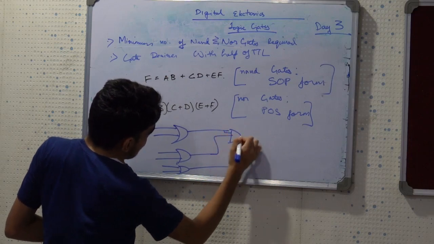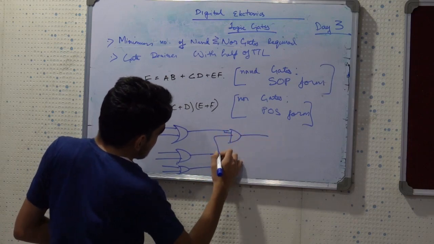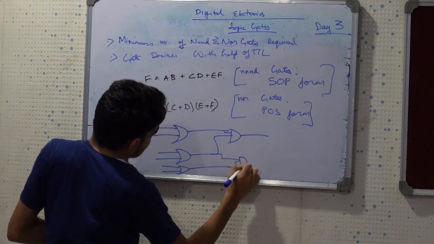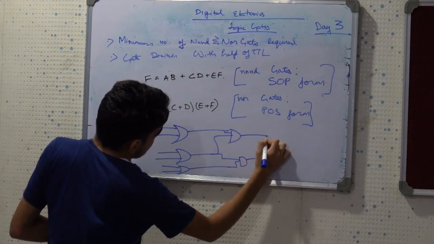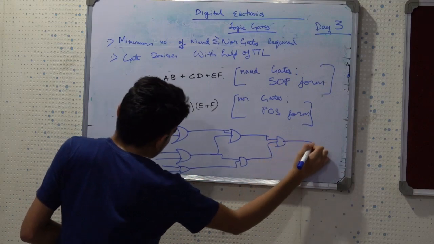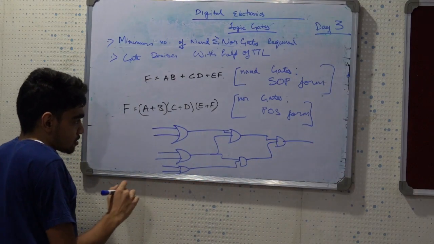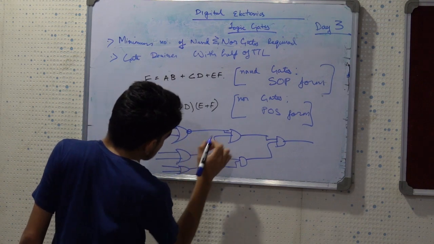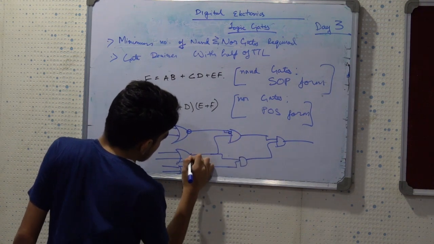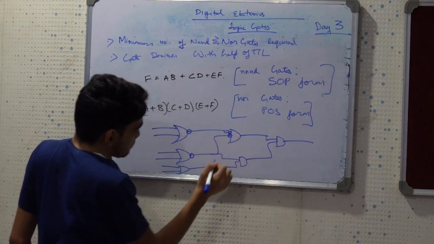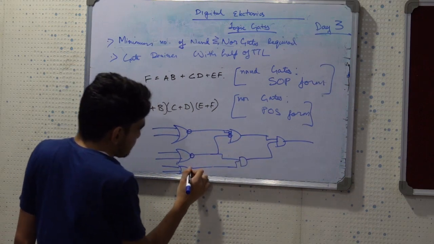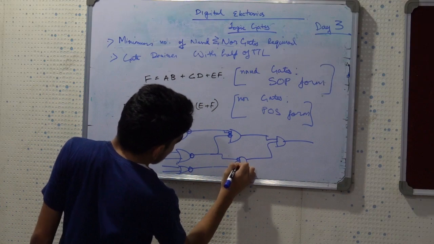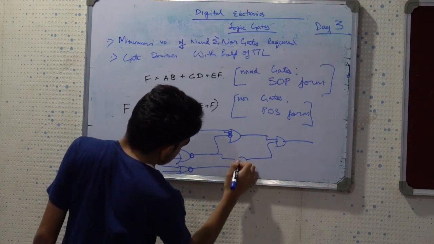It's connected by an AND gate, and this is also connected by an AND gate, and the total is connected by an AND gate. So over here, if I use bubble logic, I need a bubble over here, a bubble over here, and a bubble over here. And if I take a bubble over here, I need a bubble over here also to counter this.